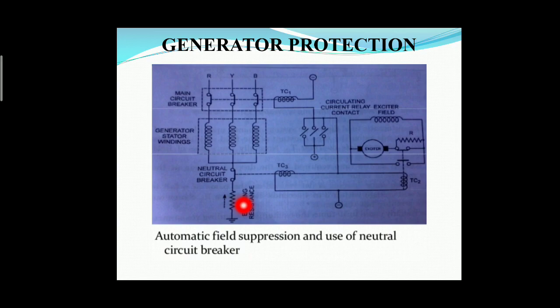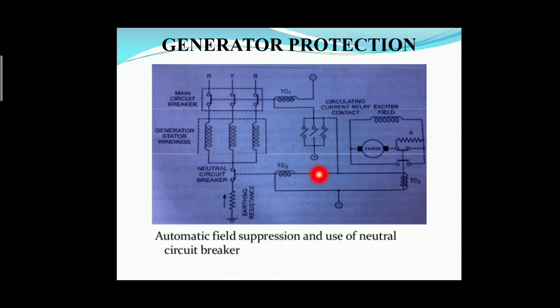Okay, this is the diagram for the automatic field suppression and the use of a neutral point circuit breaker. In that, this is the generator stator winding. That generator stator winding is connected by these circuit breakers. In each and every phase we are connecting the circuit breakers.